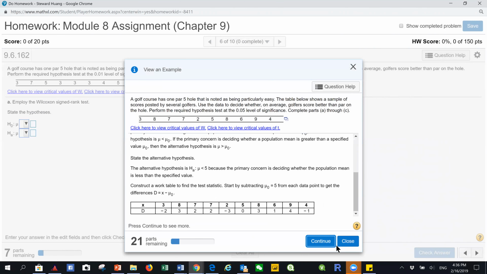Plug in mu0 is 5, so find the difference. 3 minus 5 is -2, 8 minus 5 is 3, and so on and so forth.